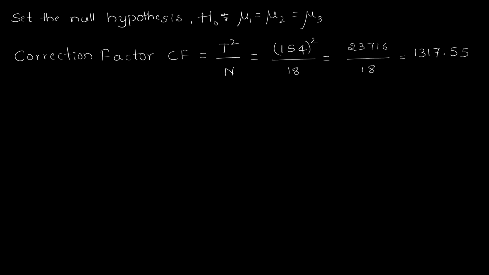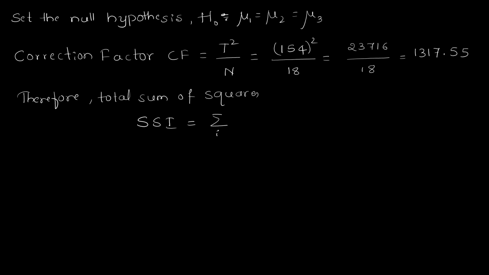Therefore, what is next? The total sum of squares is given by SST equal to summation over i, summation over j of xij square, minus CF.